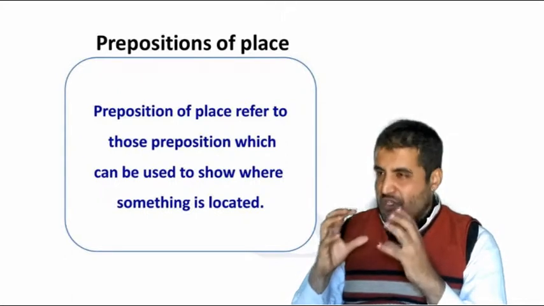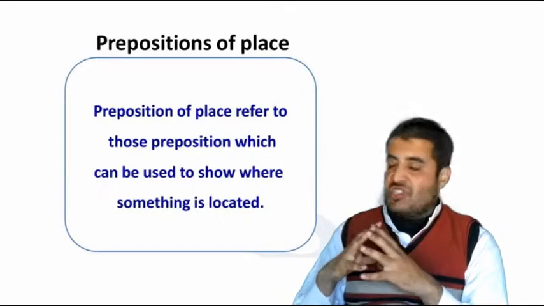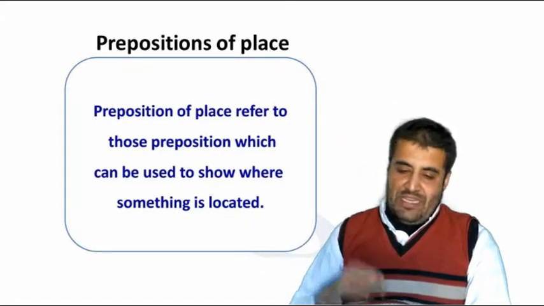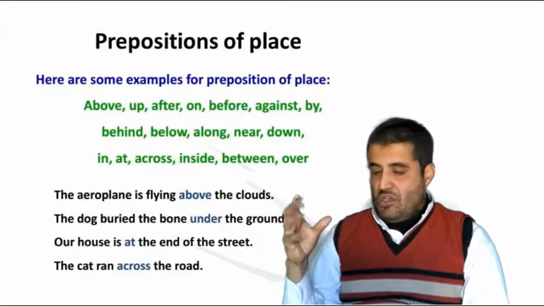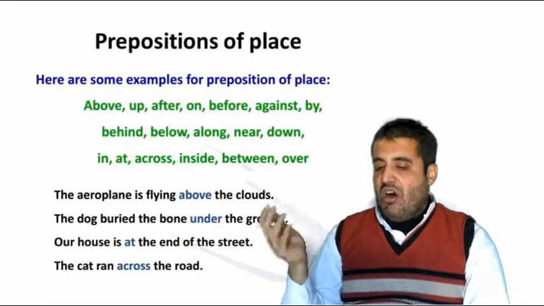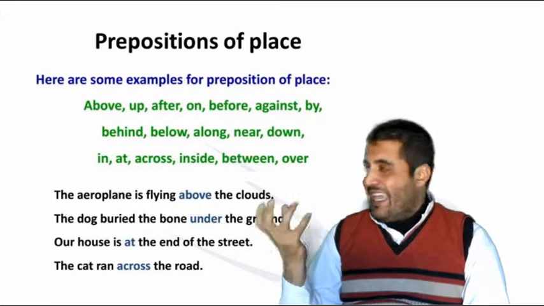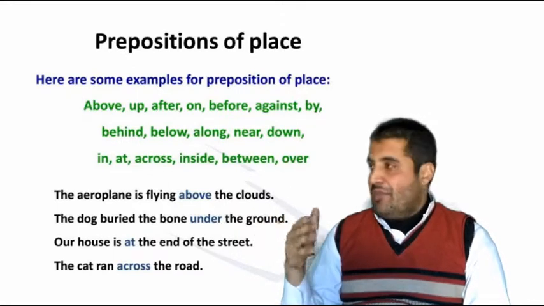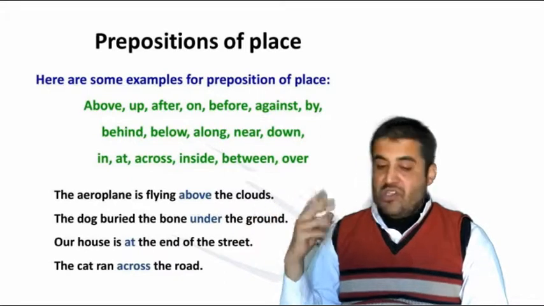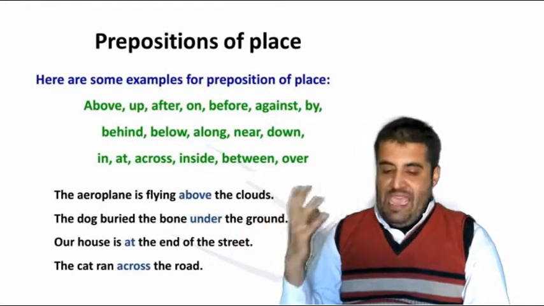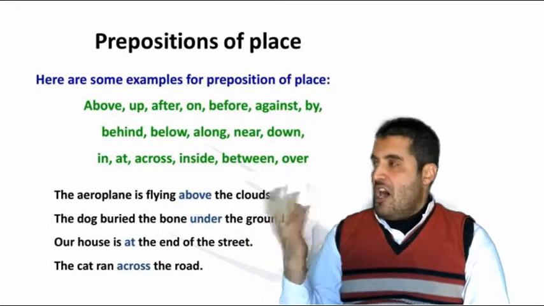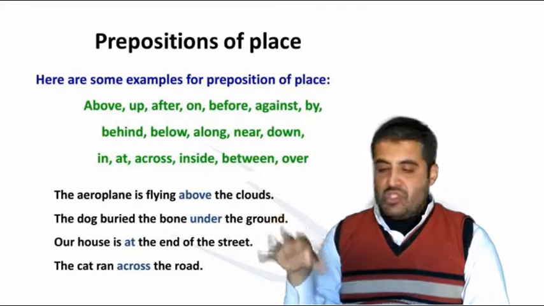From the word place you understand that they show place in the sentence. Examples are above, after, up, on, before, against, by, behind, below, along, near, down, in, at, across, inside, between, over. These are all prepositions of place.